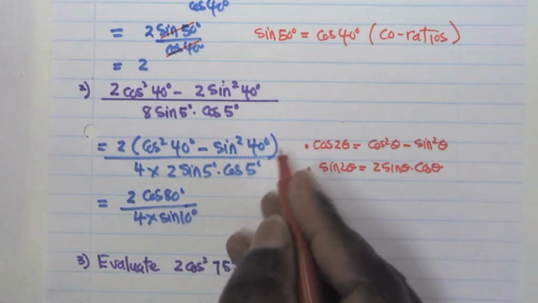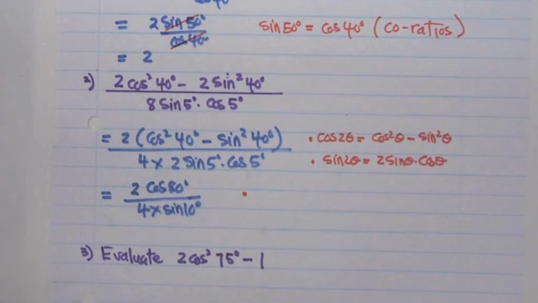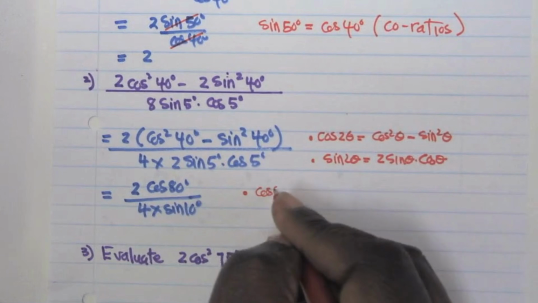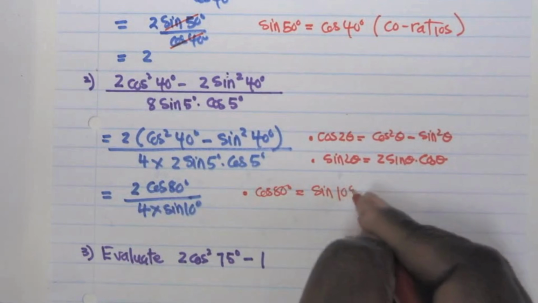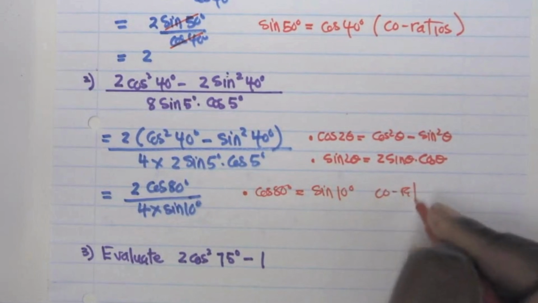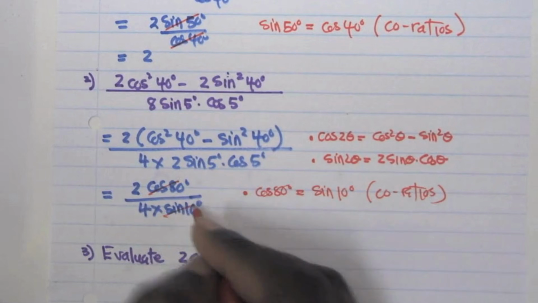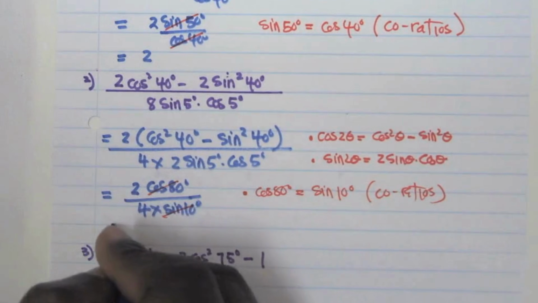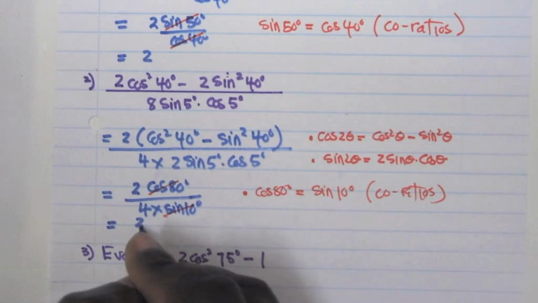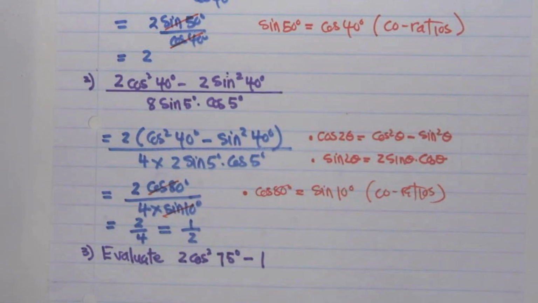But using co-ratios, we can see that cos 80 degrees is equal to sine of 10 degrees. So in other words, this part is going to cancel with that part here. And our final answer is going to be 2 over 4, which simplifies to 1 over 2.